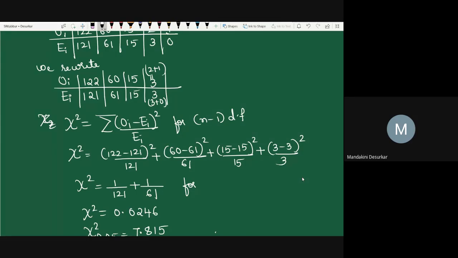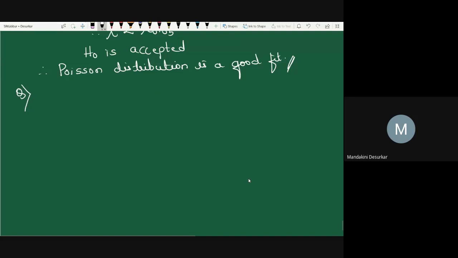Okay, so next example we'll go ahead with. This example I don't think you can solve it, but let's see whether you can understand and solve it. Coins are tossed 100 times and the following results are obtained.